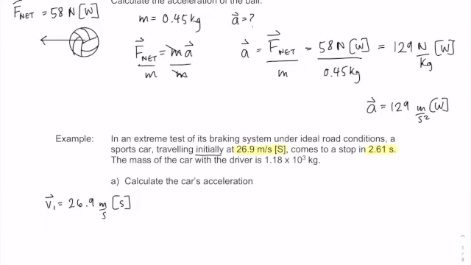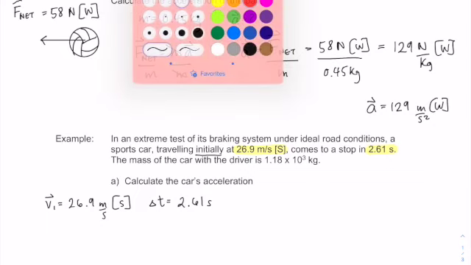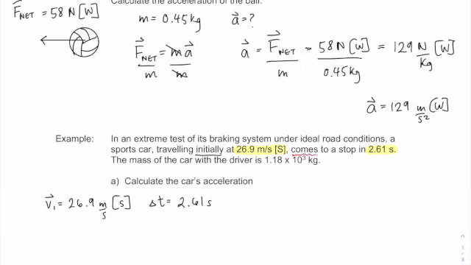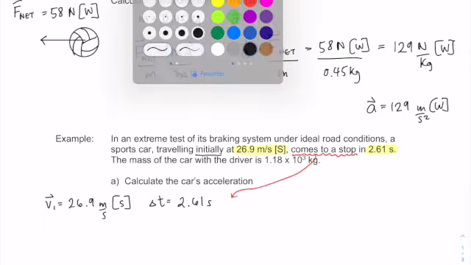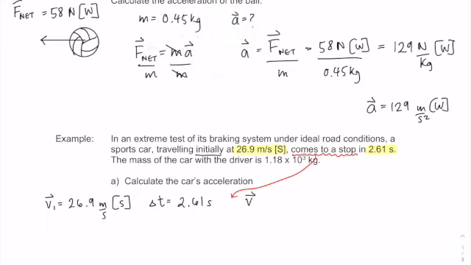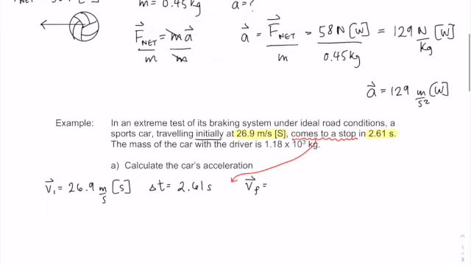Number one, the elapsed time is 2.61 seconds. But the other thing they tell you, and this is really important, I mentioned it in one of the previous lessons, they tell you that the object comes to a stop. If they tell you that the object comes to a stop, this implies that the final velocity of the object is 0.